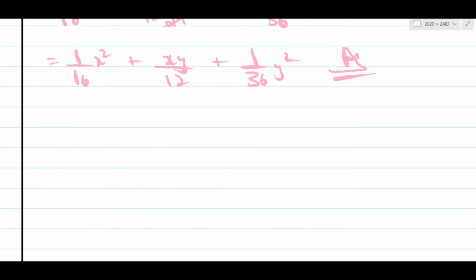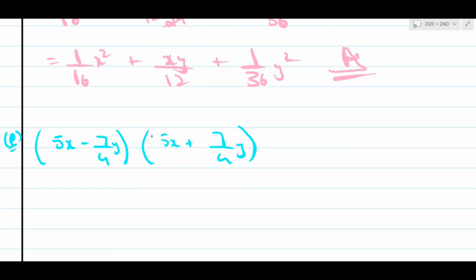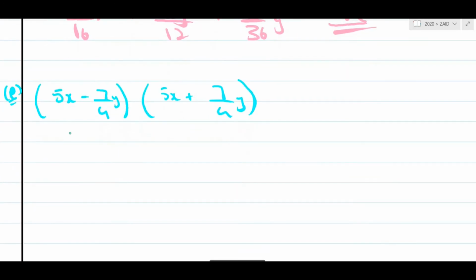Moving on, the next question that we have over here is (5x - 7 upon 4y) multiplied by (5x + 7 upon 4y). If we observe this question, we can easily see that the expression being made is (a - b) multiplied by (a + b). Therefore, your result would be a square minus b square.